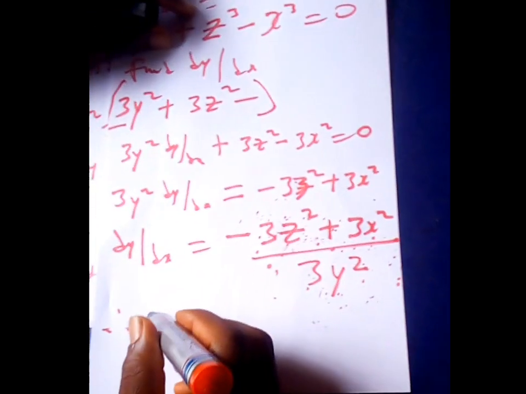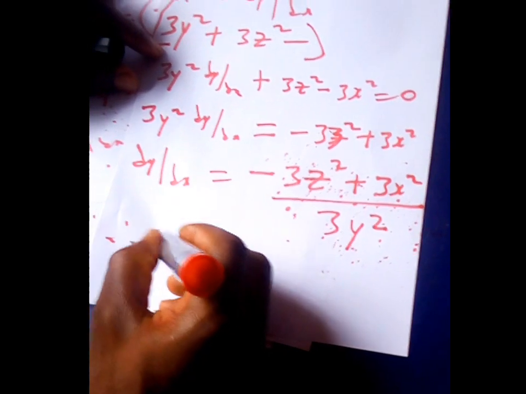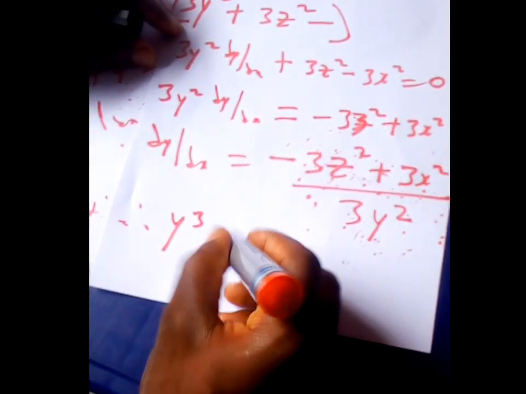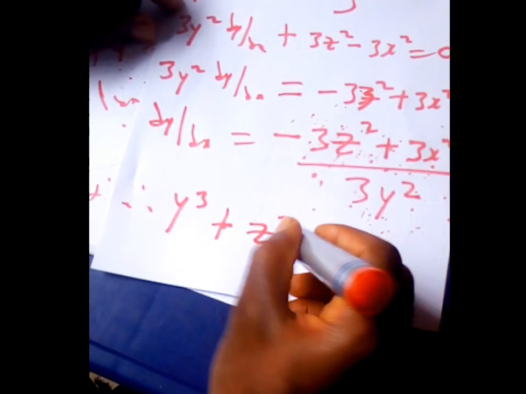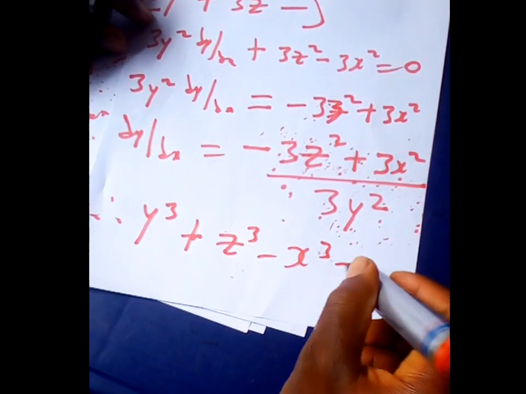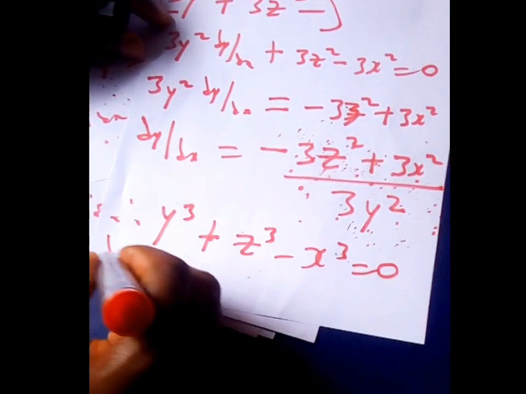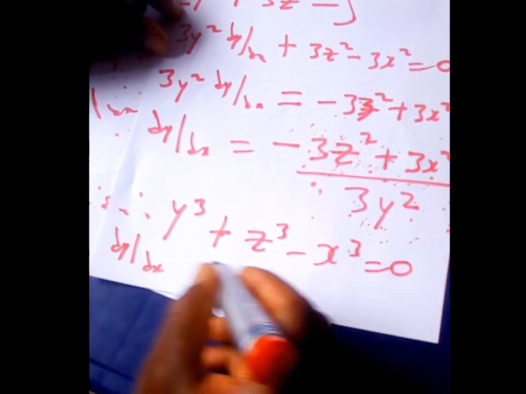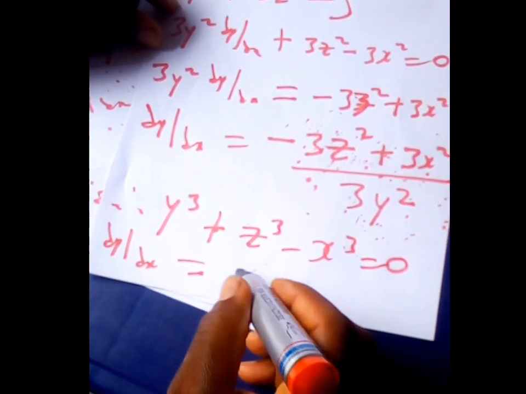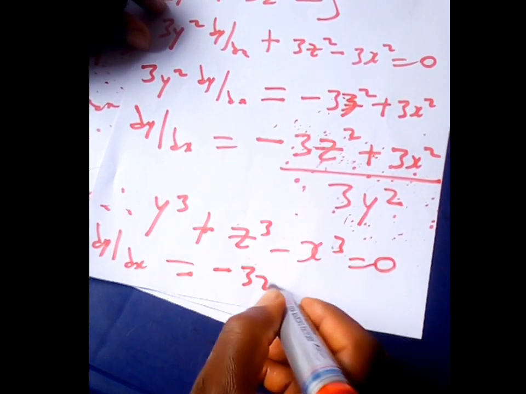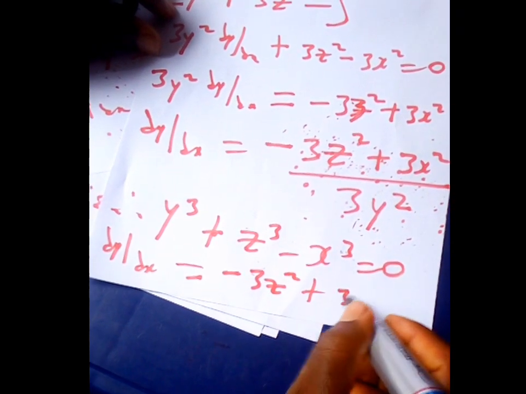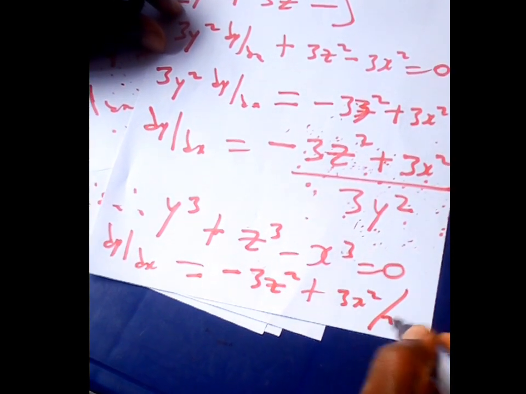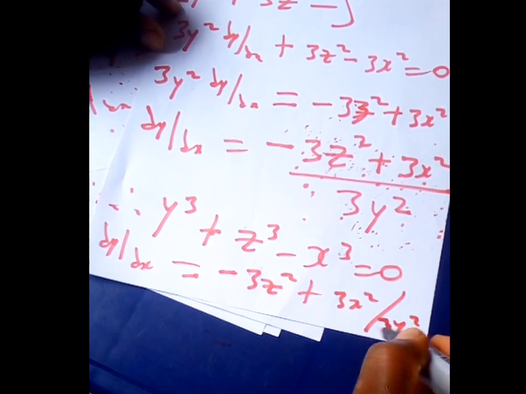Therefore, the function y cube plus x cube minus z cube equals 0, the dy dx of this function is equal to minus 3x square plus 3z square all over 3y square.